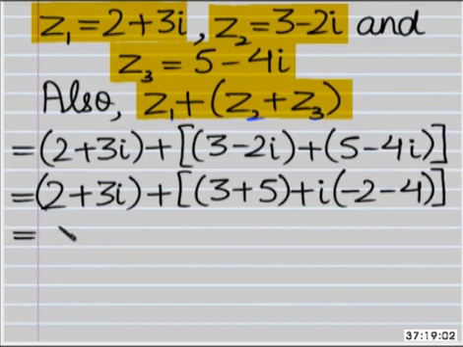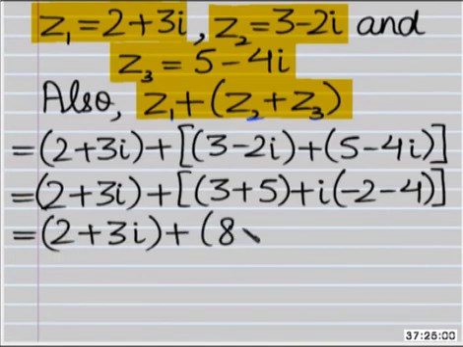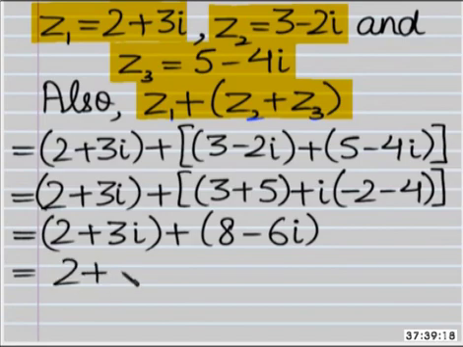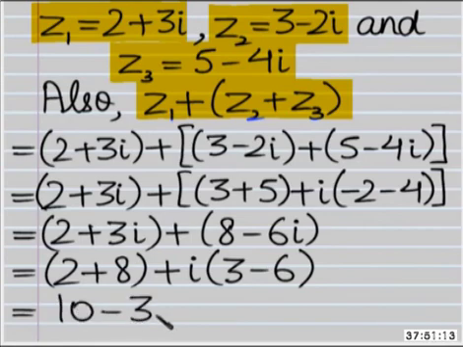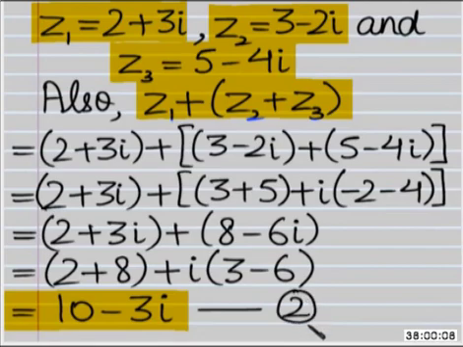This is further equal to 2 plus 3 into iota plus 8 minus 6 into iota. Again, on combining the real and imaginary parts and further solving, it is equal to 2 plus 8 plus iota whole multiplied by 3 minus 6, which is equal to 10 minus 3 into iota. Let this be equation number 2.